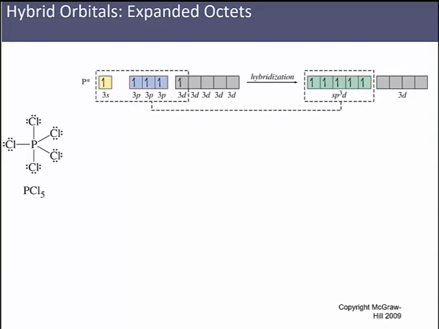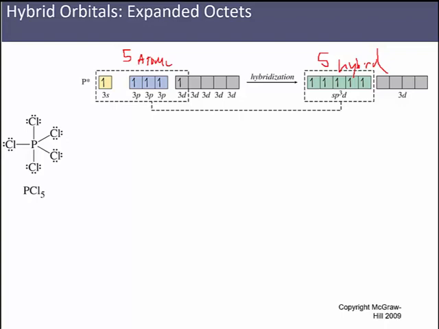So in our phosphorus pentachloride, we're going to take an s, 3 p's, and 1 d. So we're going to basically make it all into lone electrons, and then we're going to hybridize it. So we've got 5 atomic orbitals, and we're going to make 5 hybrid orbitals.